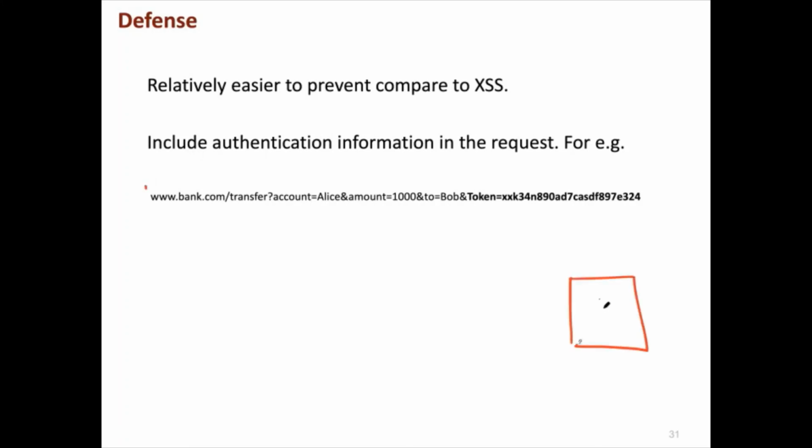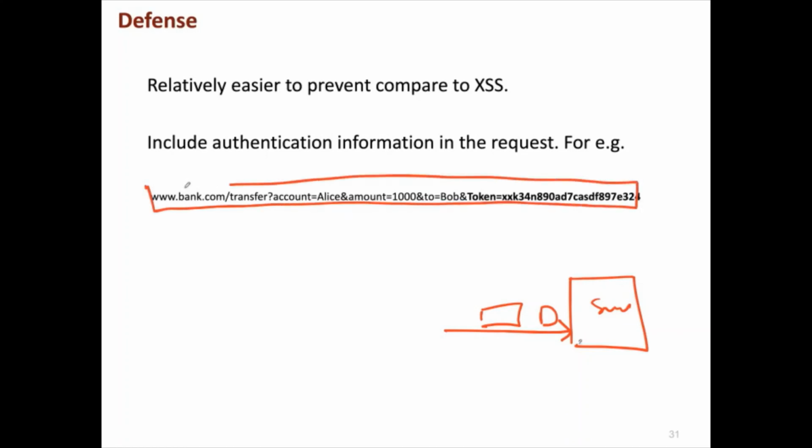So we have the authentication information here plus the original token. Then this attack can be prevented. Why can it be prevented? When the attacker sends this phishing email, of course the attacker doesn't know what this information is.